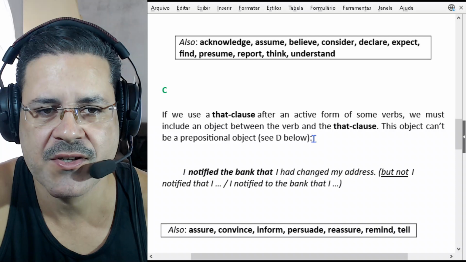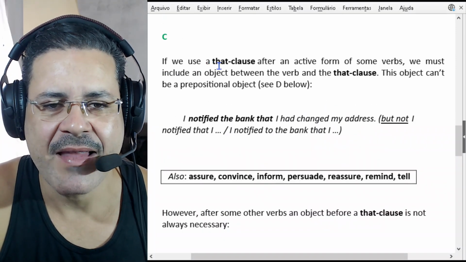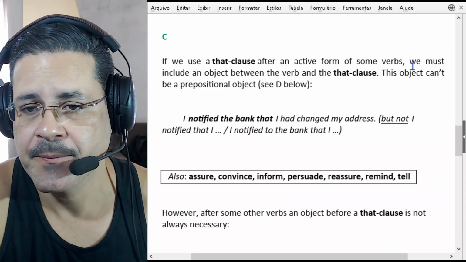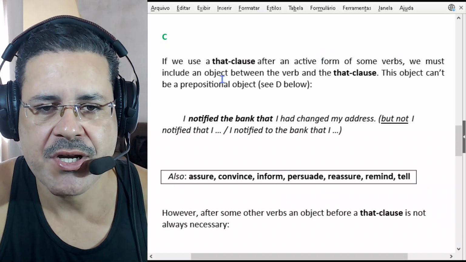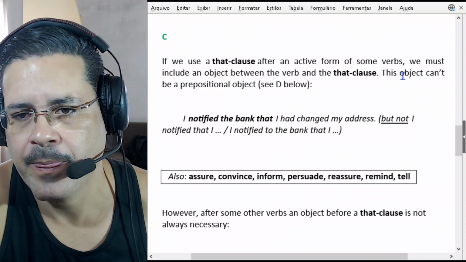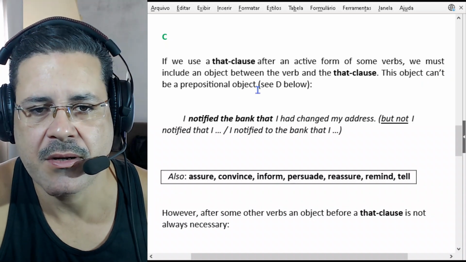Okay, moving on to section C. If we use a that clause after an active form of some verbs, we must include an object between the verb and the that clause. This object can't be a prepositional object.